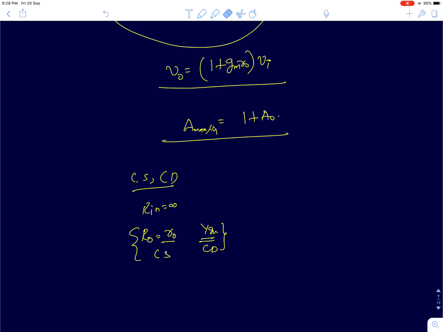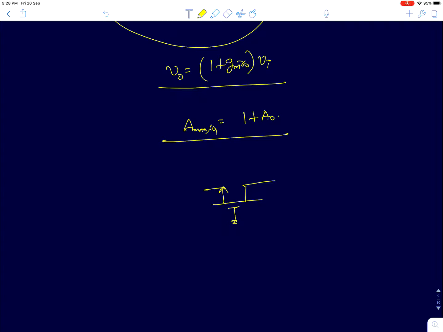But for a common gate configuration, you will see that the output resistance and input resistance will depend upon what you connect between source and drain. Now I'll just give a small example. Why does it depend upon that?